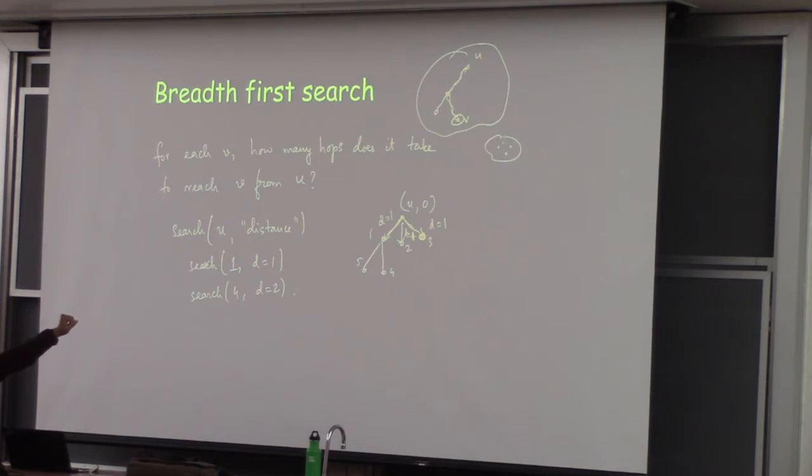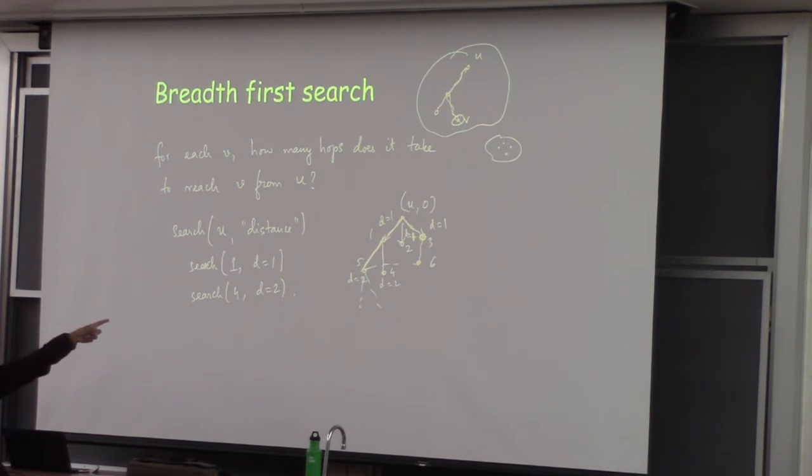And then it will start exploring the tree starting at 1. Okay. And let's say it goes to 5, and then it says 5 has distance 2, 4 has distance 2. Then it will start exploring the tree starting at 5. Now what if 3 had a neighbor, which is this vertex 6, and 5 also had an edge to this 6.